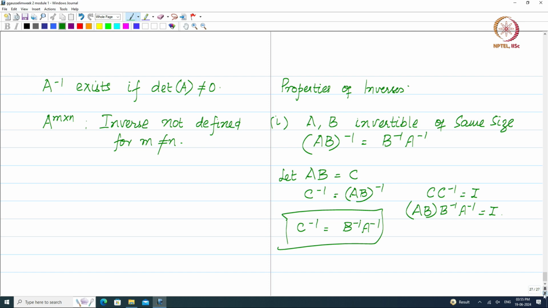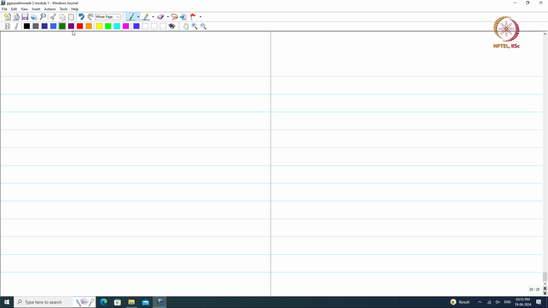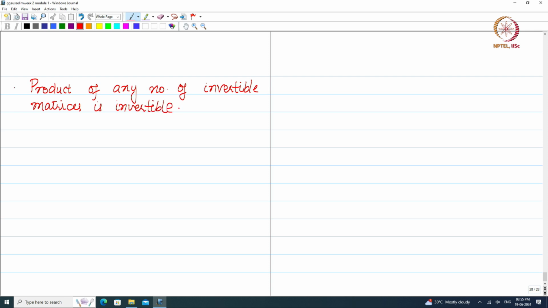So, the moral of this story is the product of any number of invertible matrices is invertible. The inverse of the product is the product of inverses in the reverse order.